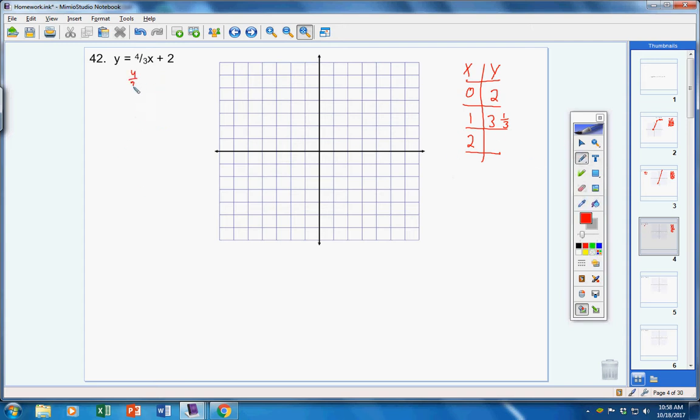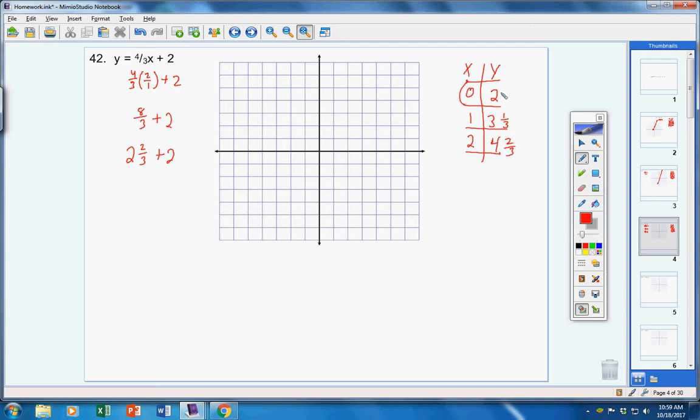4 thirds times 2. I'm going to go ahead and put 2 over 1 to make it easier for my multiplication. 4 times 2 is 8. 3 times 1 is 3. 8 thirds is the same thing as 2 and 2 thirds plus 2. So 4 and 2 thirds. And there we go.